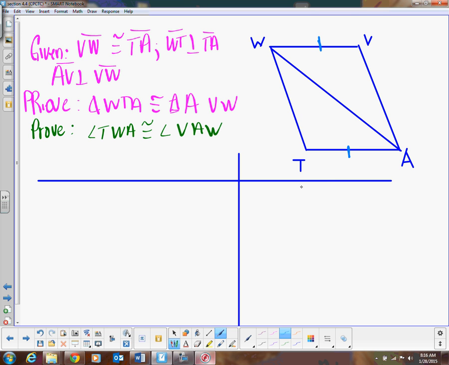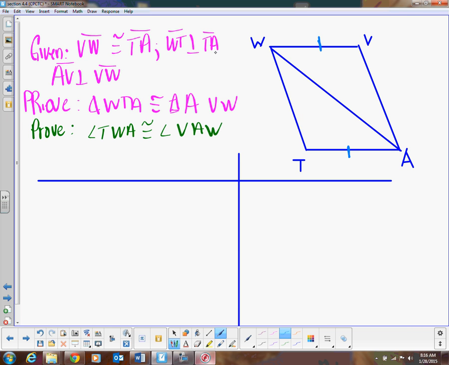Okay, what else are we going to mark in our picture? WT is what? What does that mean? What does perpendicular mean? Alexandra? Look at your major geometry terms. Find perpendicular. What do you know about perpendicular? Did you write this down today?